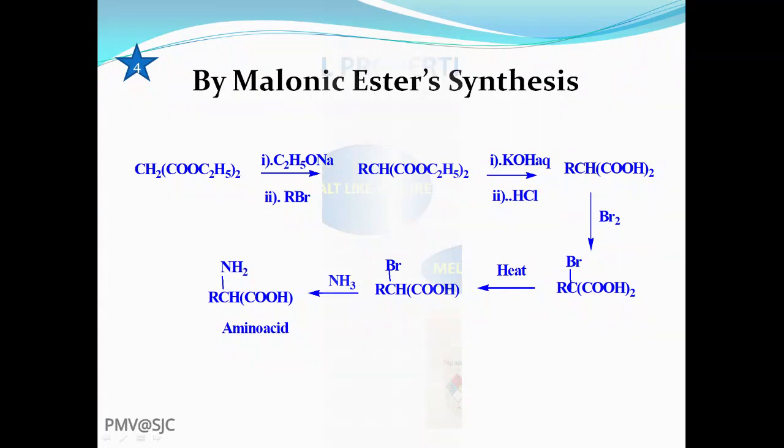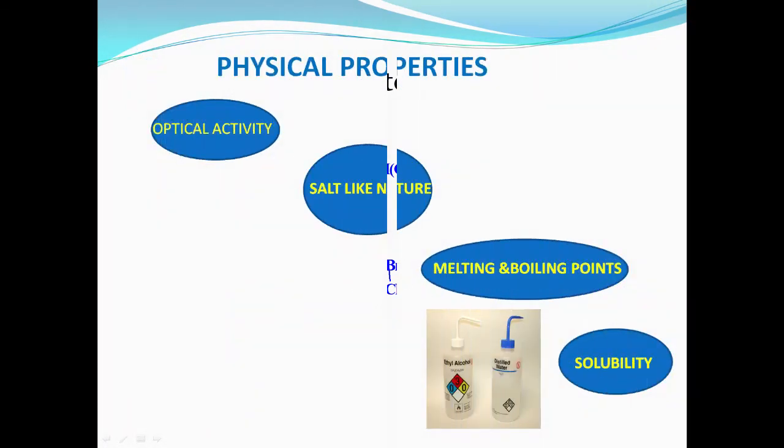Moving to the next, physical characteristics. These physical characteristics help in identification. Physical properties of amino acids. The first important characteristic property of amino acids is optical activity.